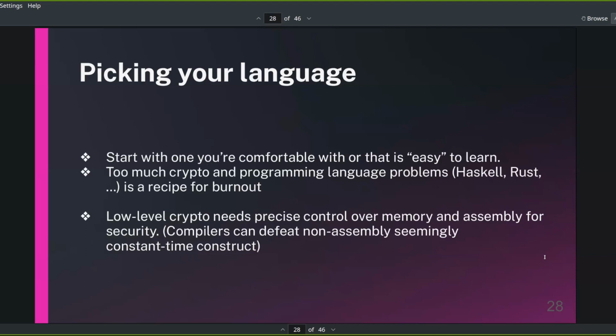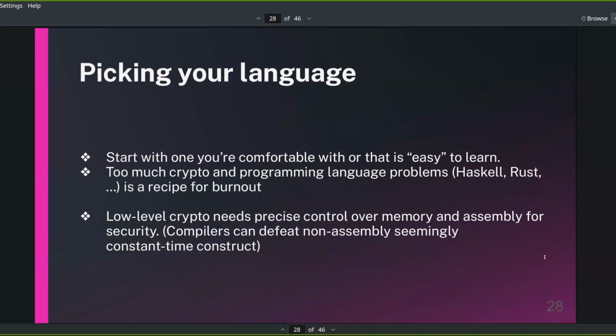The second part is, if you implement low-level cryptography, something like finite fields, elliptic curves, SHA-256, Blake2, you will need at one point precise control over memory and assembly for security.